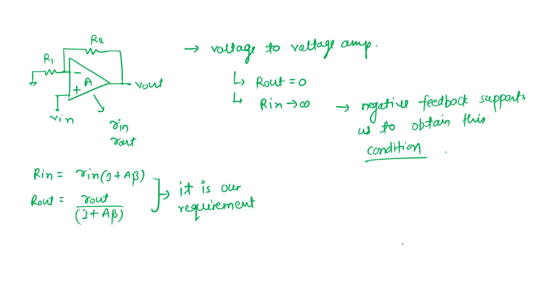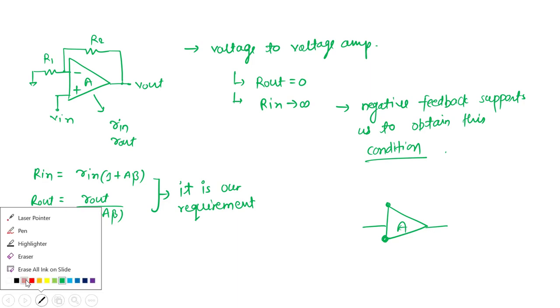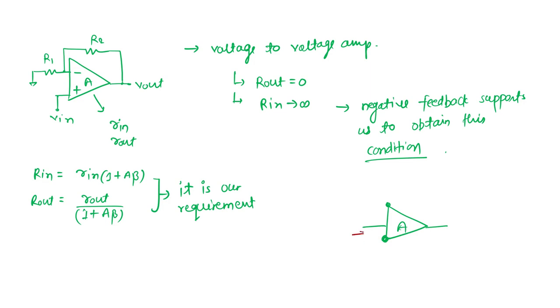So why is it so? Because when I have some amplifier and I want to sense the voltage, then what I expect generally is that Rn should be very large, or ideally infinite.